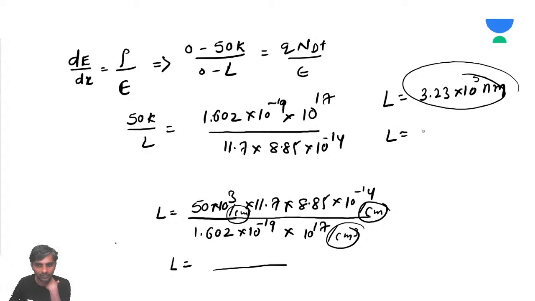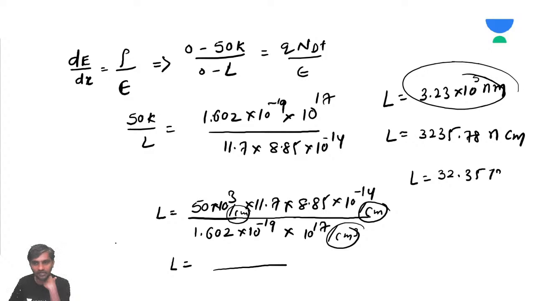The answer we'll get is 3235.78 nanocentimeters. So what he's asking is nanometers, so you'll get 323578 nanometers.